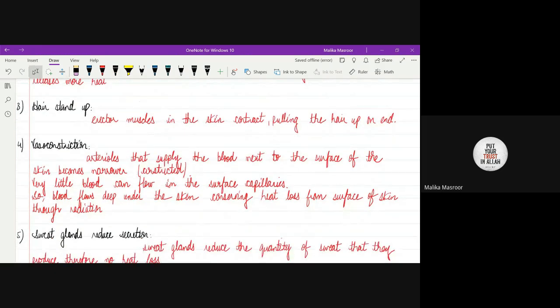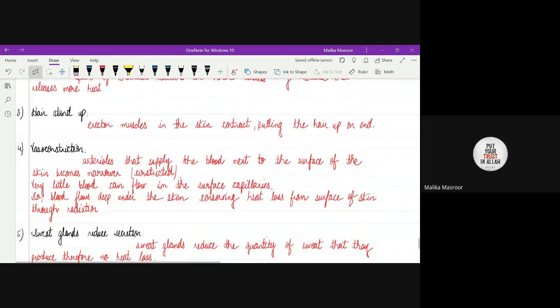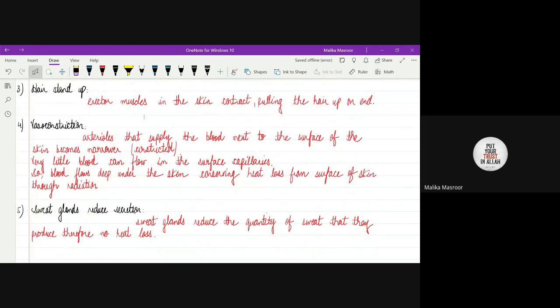Then you have vasoconstriction. The arterioles that supply the blood next to the surface of the skin become narrow, that means constricted, and very little blood can flow in the surface capillaries. So blood will flow deep under the skin, conserving heat loss on the surface of the skin through radiation.